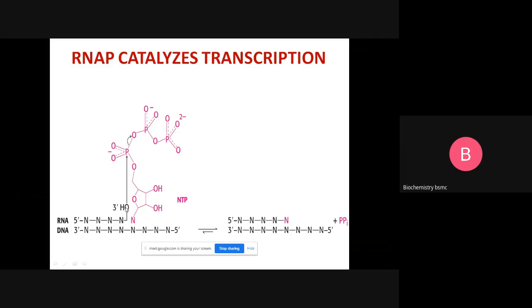So this hydroxyl group nucleophilically, nucleus loving, attacks the bond between the first phosphate and the pyrophosphate. These two are the pyrophosphate. So by attacking that bond, it now releases the pyrophosphate.